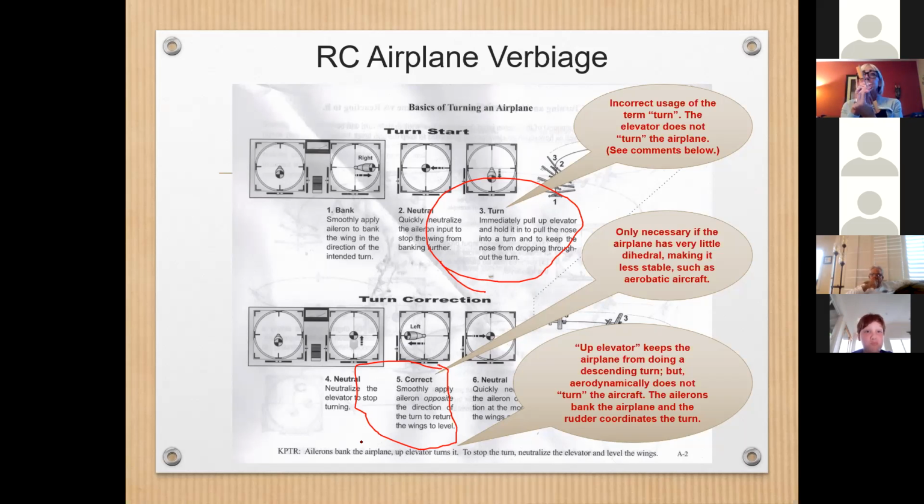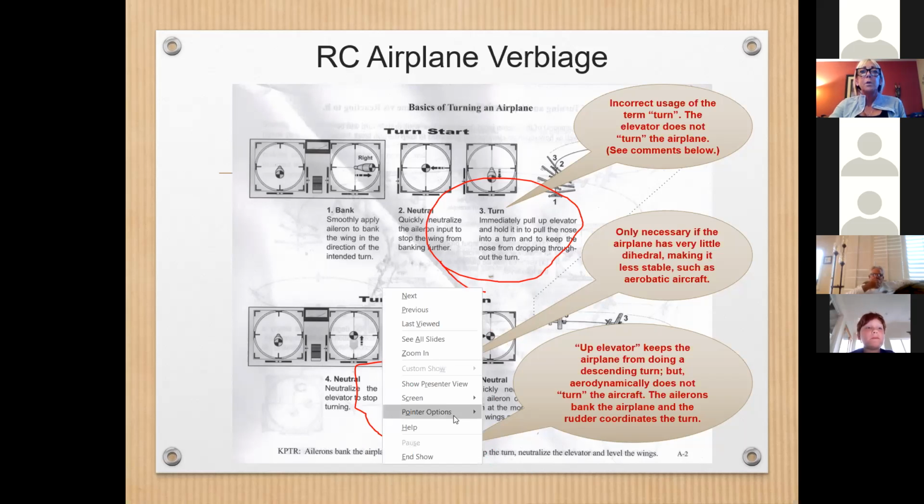So we would have the plane like this, the plane would go like this. So if you have my airplane, the Piper Comanche, it is a low wing airplane that has a significant amount of dihedral. And we talked about dihedral.